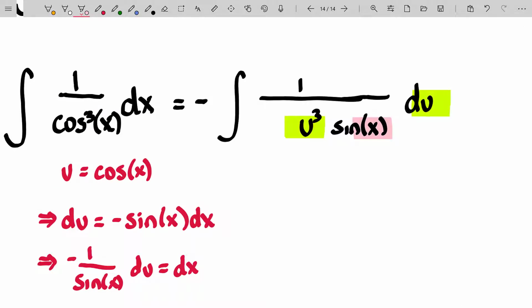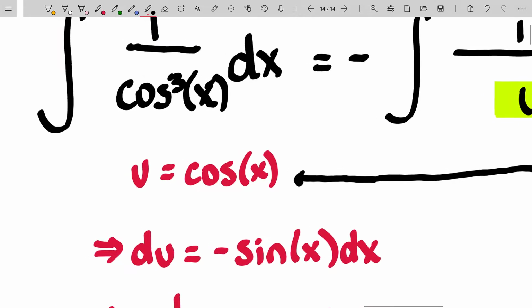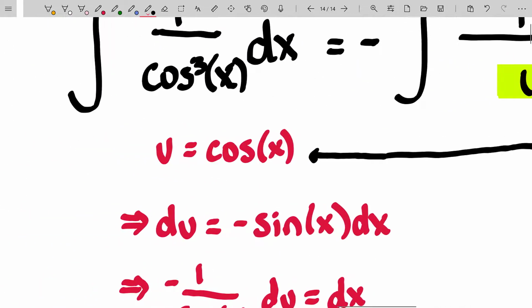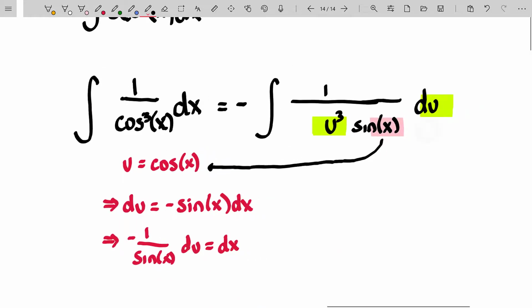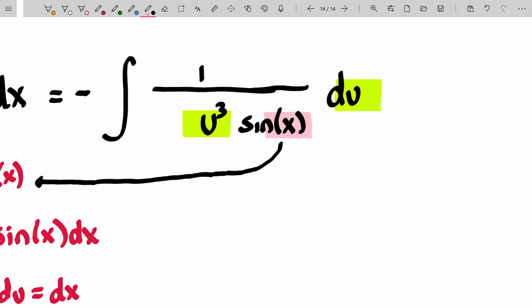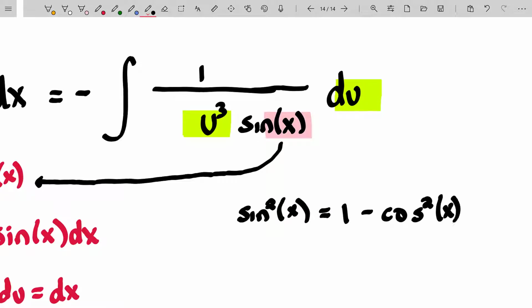Now, often it's the case that you can manipulate this expression by using your relation between u and x. However, if you take a look at that, u is equal to cosine of x, there's really not an efficient way to write sine of x in terms of cosine of x. Some people will say, well, I know that sine squared is equal to 1 minus cosine squared. Well, you're right, but we don't have a sine squared. We have a sine.